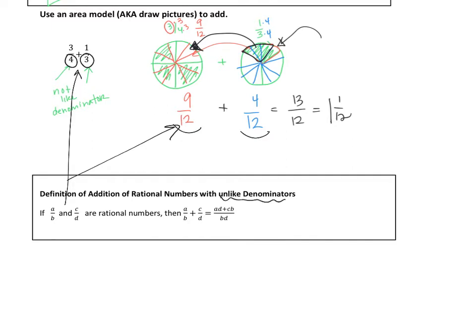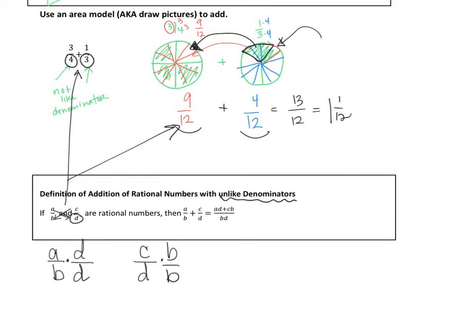So anytime we have unlike denominators, we can rewrite really by multiplying by the kind of opposite guy, similar to the cross product we were looking at, but it's taking the fraction like a over b, multiplying it by d over d, and taking the fraction c over d, multiplying it by b over b, which those are still equivalent to each other.